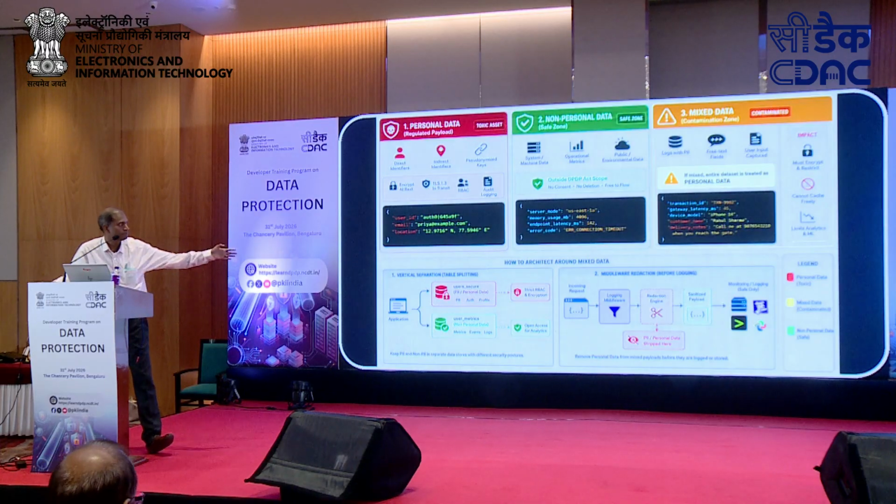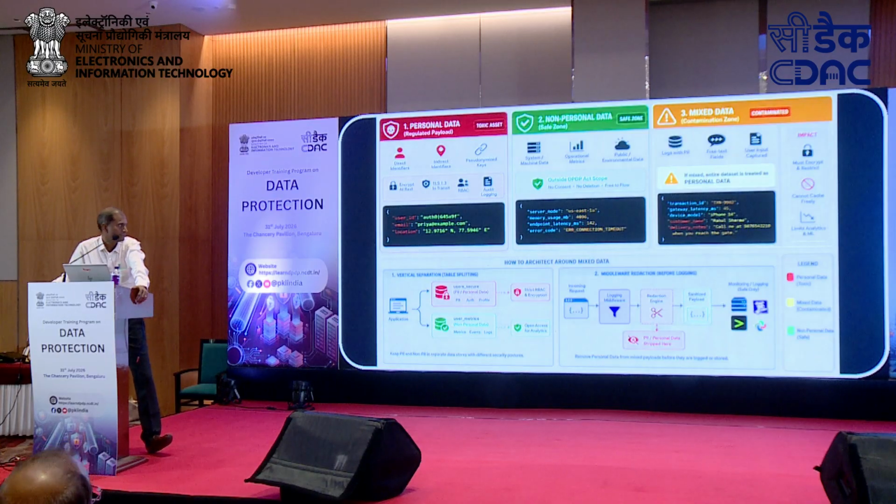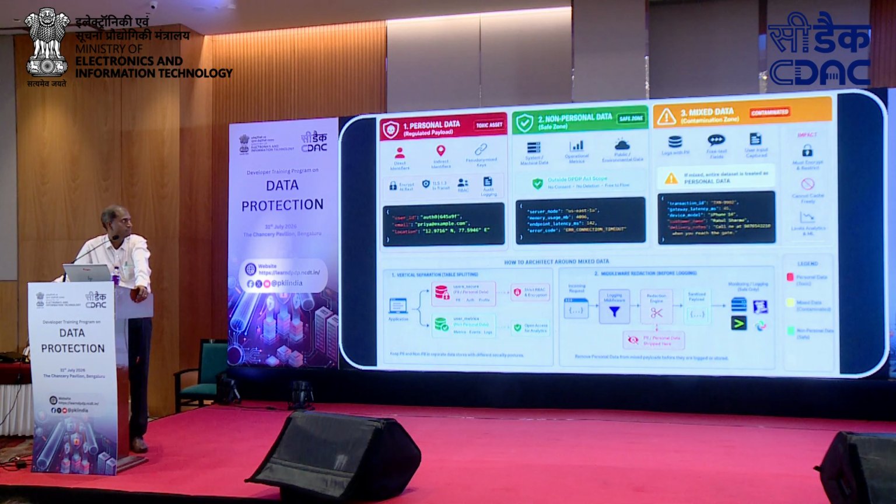After redacting, it becomes the sanitized payload, which goes to whatever activity, such as monitoring or logging. So this is removing the personal data from mixed payloads before they are logged or stored. This is one of the operational requirements.